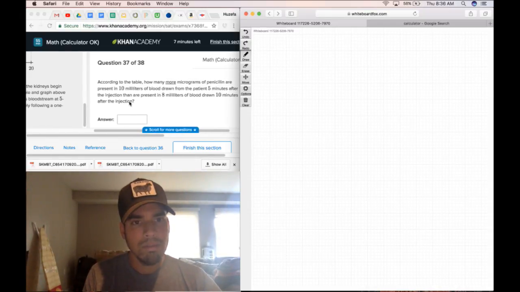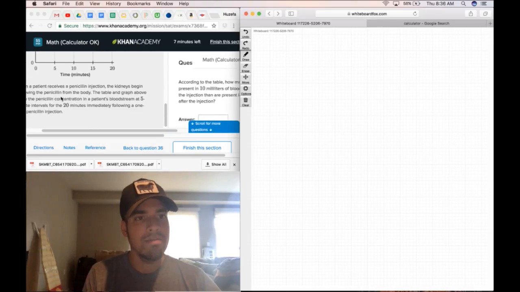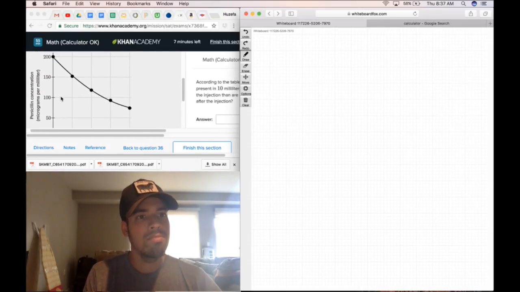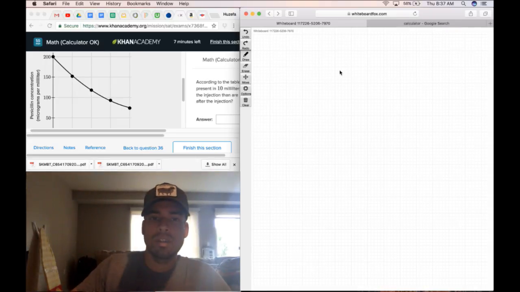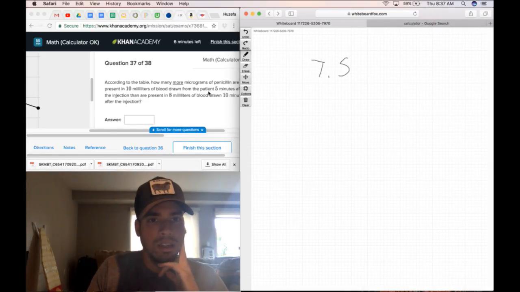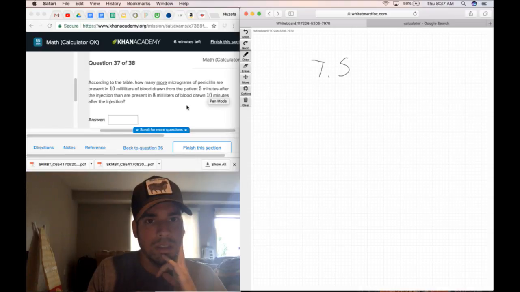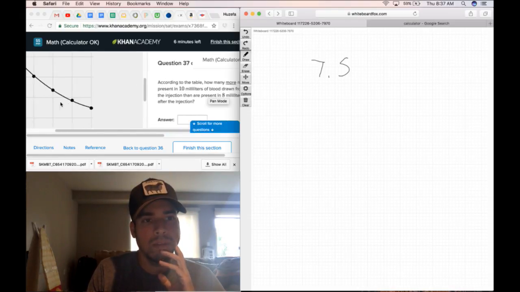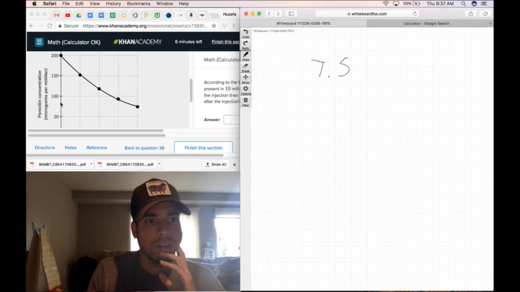Cool. According to the table, how many more micrograms of penicillin are present in 10 milliliters of blood drawn from the patient 5 minutes after the injection than are present in 8 milliliters drawn 10 minutes after the injection? So we have 10 milliliters. In 5 minutes, it drops by 25%, so we have 10, so we're down to 7.5. Oh no, I'm sorry, I'm looking at this incorrectly.